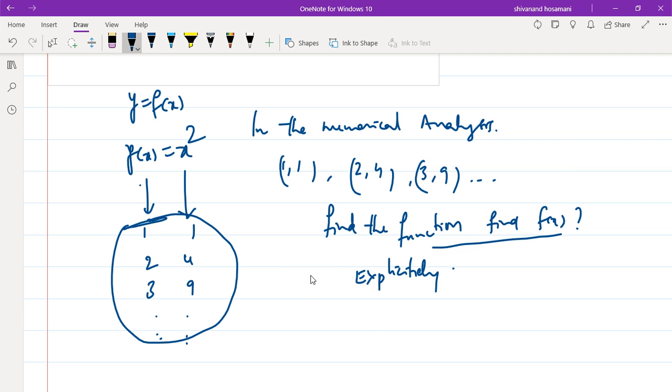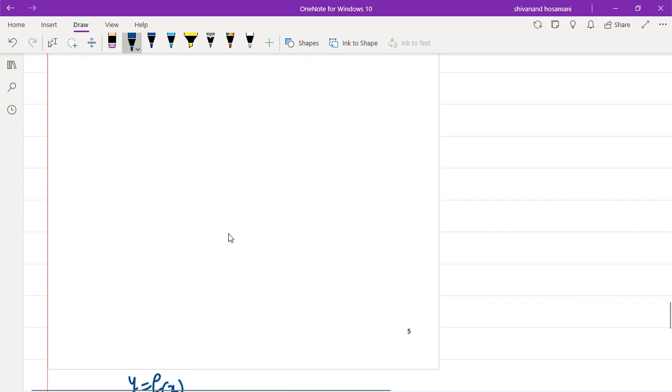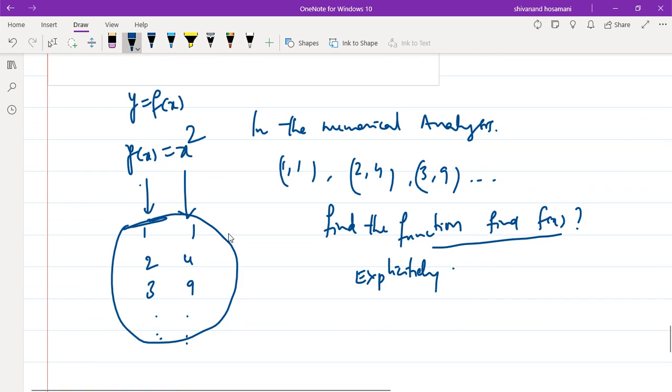So this is what we are doing in the forward difference table, as we have seen in the previous example. The x values are given and its y values are given, and we need to find out the function approximately. We assume that phi of x is an approximate function to the function f of x, and we estimate phi of x, and based on that estimation we conclude that f of x will be something like this, and that's all.